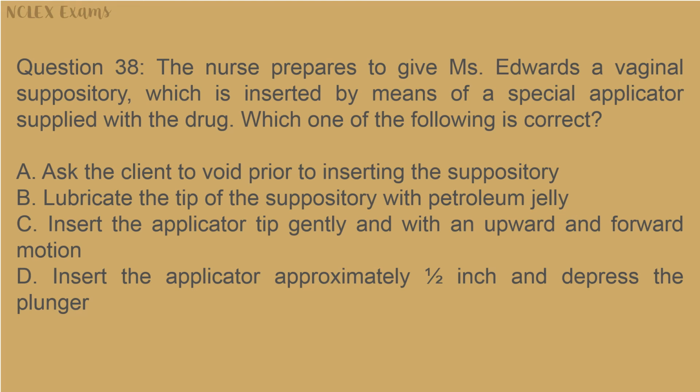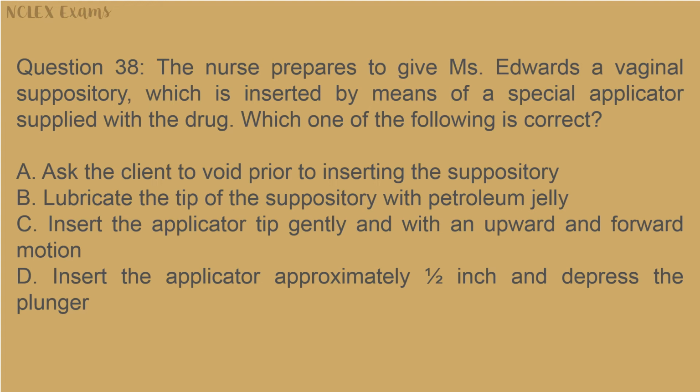Question 38. The nurse prepares to give Miss Edwards a vaginal suppository, which is inserted by means of a special applicator supplied with the drug. Which one of the following is correct? A. Ask the client to void prior to inserting the suppository. B. Lubricate the tip of the suppository with petroleum jelly.